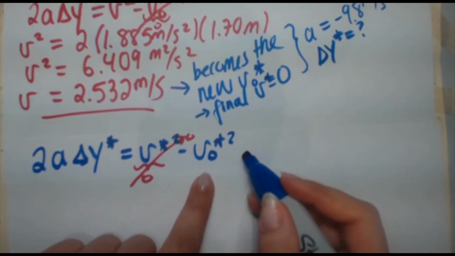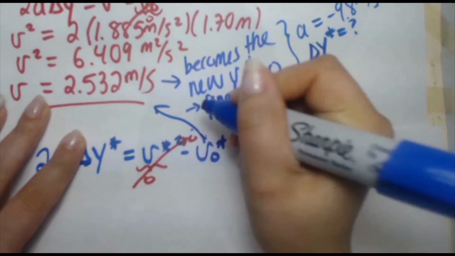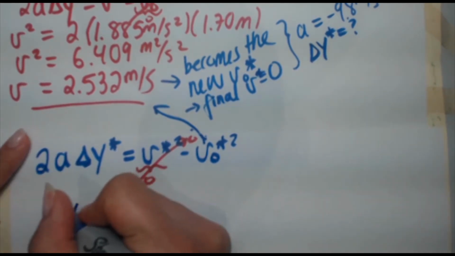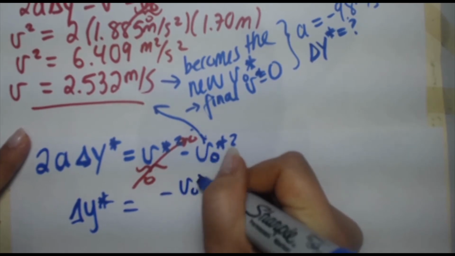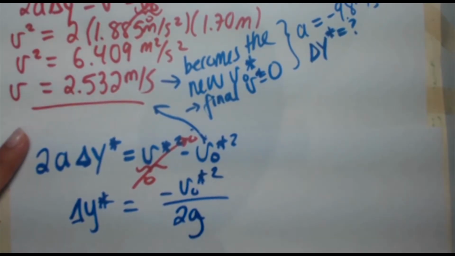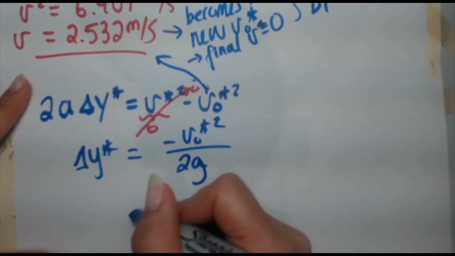V naught, that's the old v, that's what this is right here. We're looking for delta y, so I'm going to divide both sides by 2a. So minus v naught star squared over 2a. And the a is in fact g, the acceleration due to gravity. Make sure you plug it in as negative.